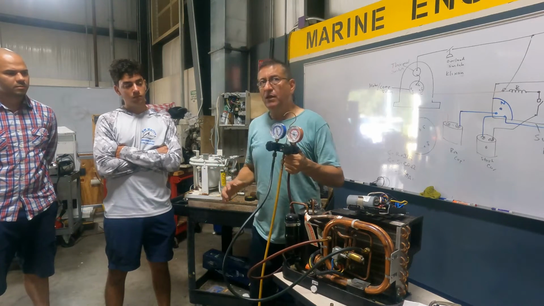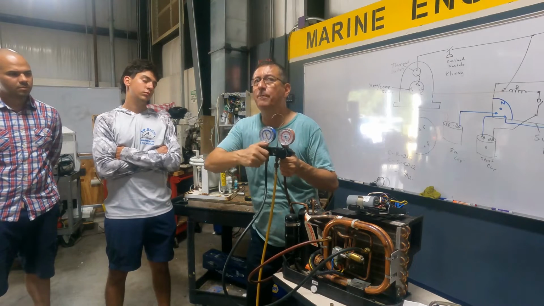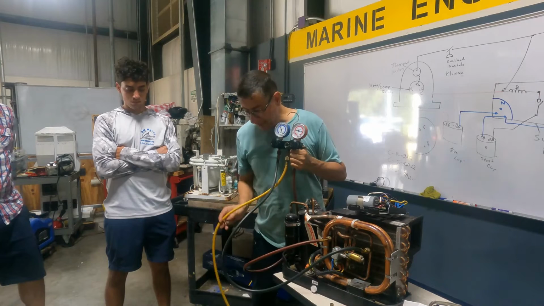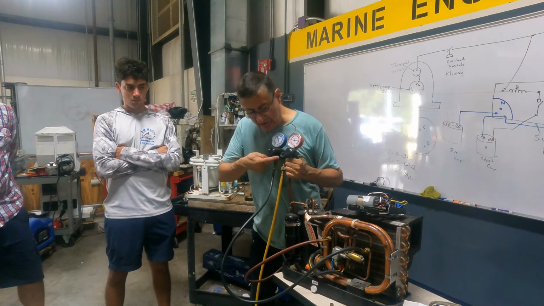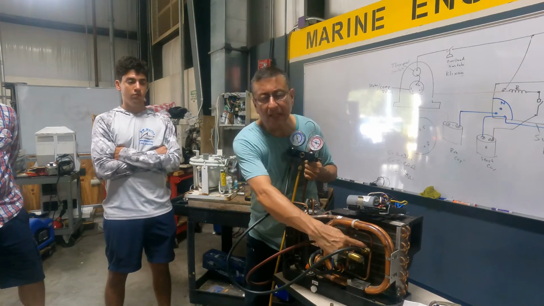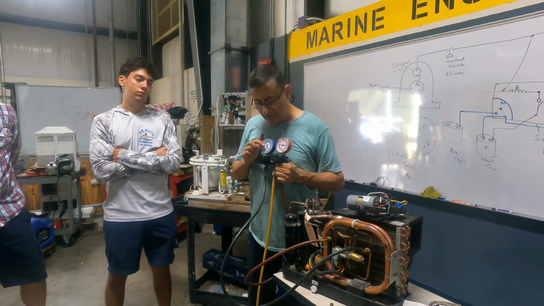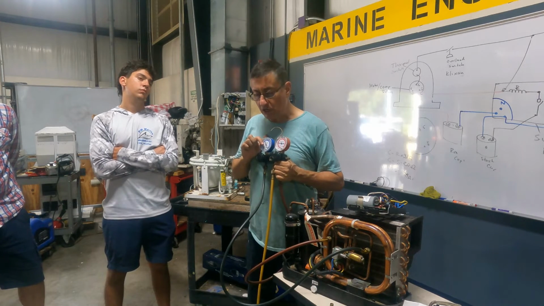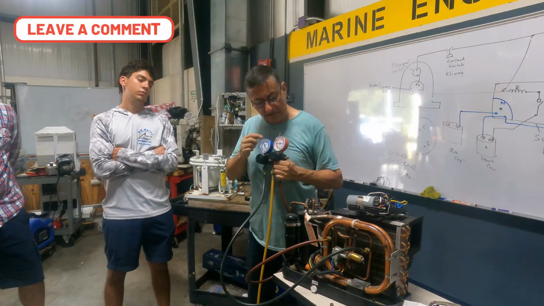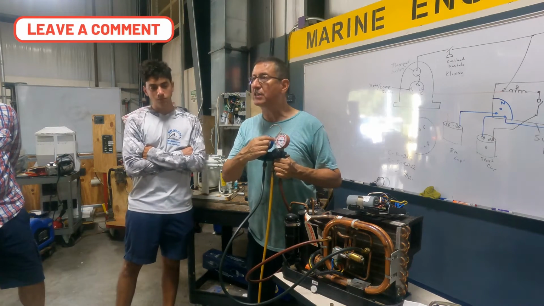With the system running, I open this one, and look at this. The tank is connected here, and as I open this, the fluid enters and goes into the low pressure side of the system. With the system running, I see that the gauge on the low pressure side stays between 60 and 90, and the high pressure increases to around 190, 200 psi.